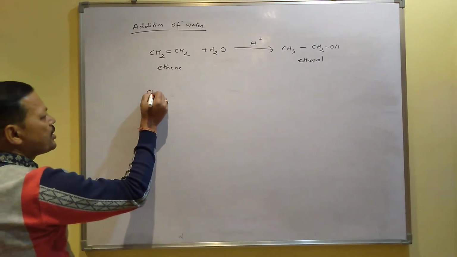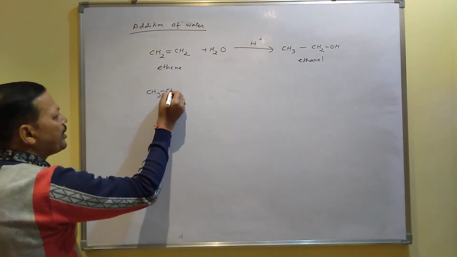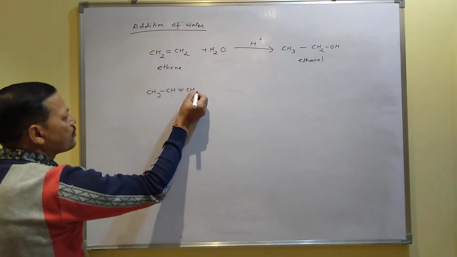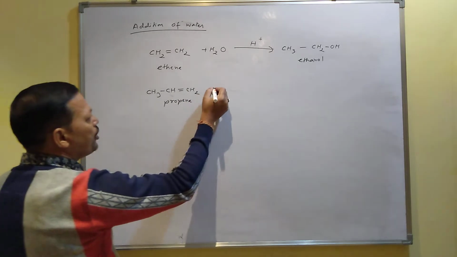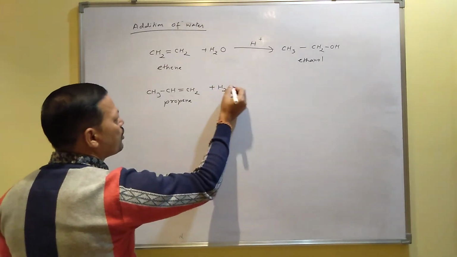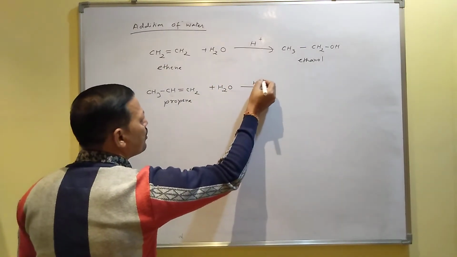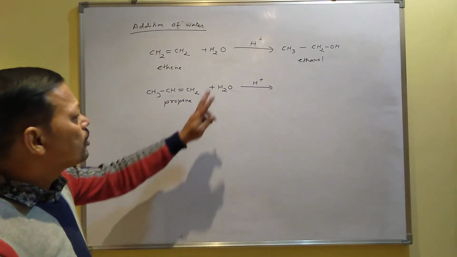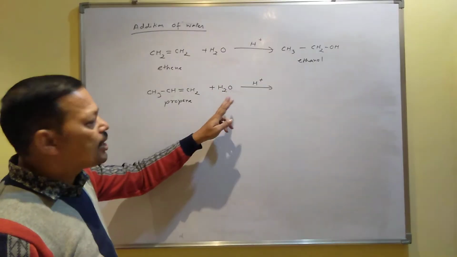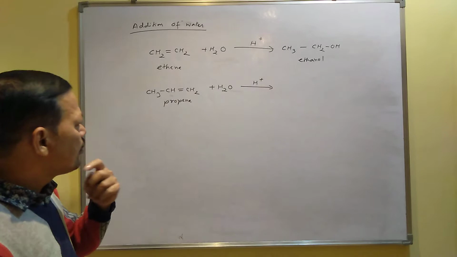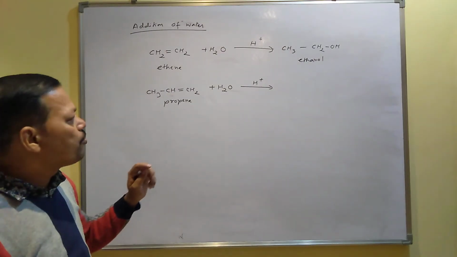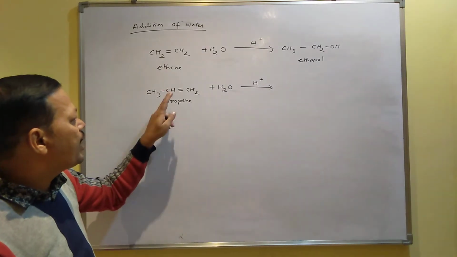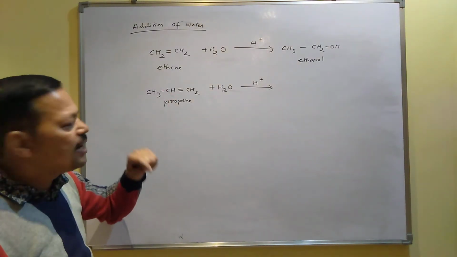Similarly, this is another alkene which is called propene. When propene is added with water in presence of some acid, here also water will form H plus ion and OH minus ion. But since this is an unsymmetrical alkene, according to Markovnikov rule, the negative part is added to that double bonded carbon atom which contains less number of hydrogen.